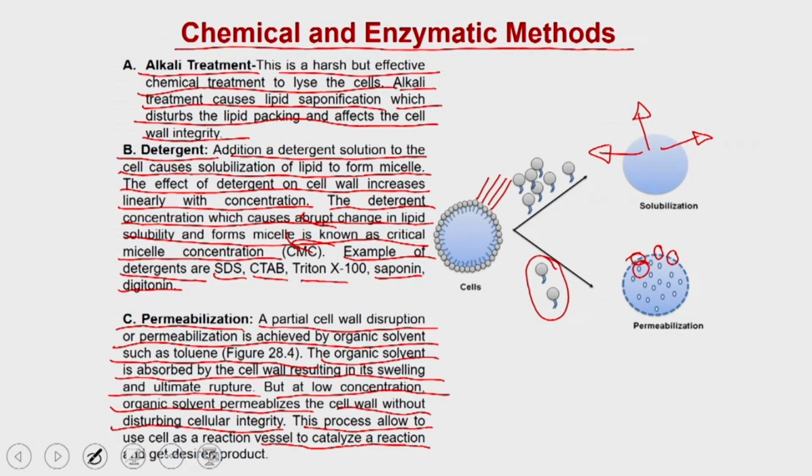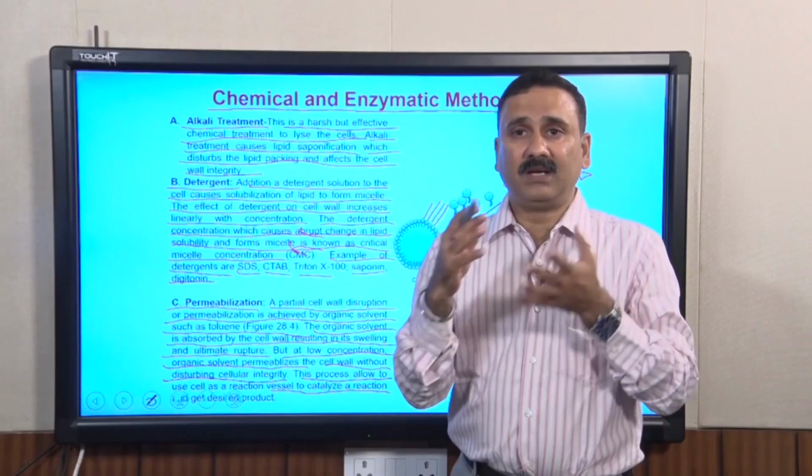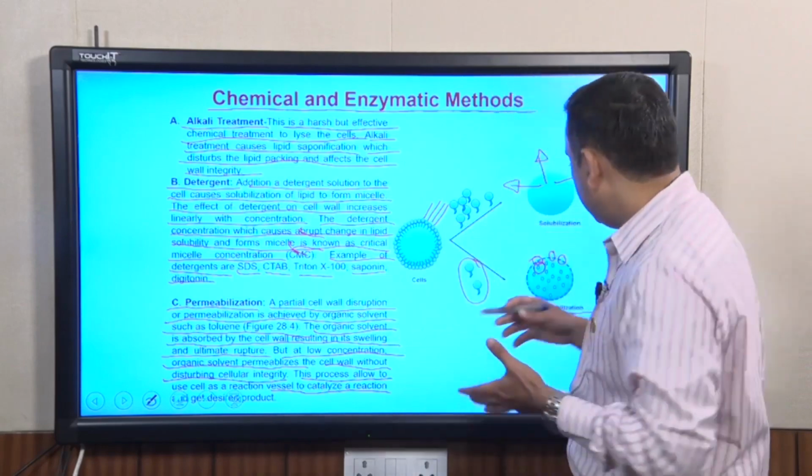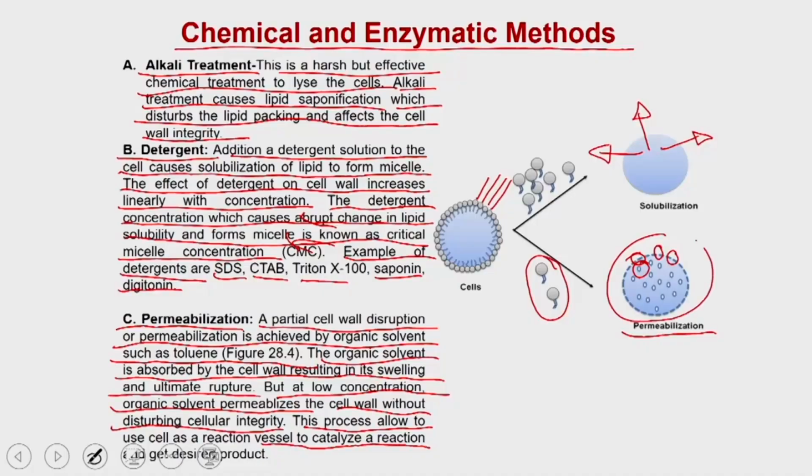This process is known as permeabilization, and that permeabilization event gives you a cell which may lose its content, its water and all other liquid content, but it may not lose its organelles and other content, so it becomes an empty vessel, and in that empty vessel you can add the reactants and get the product.